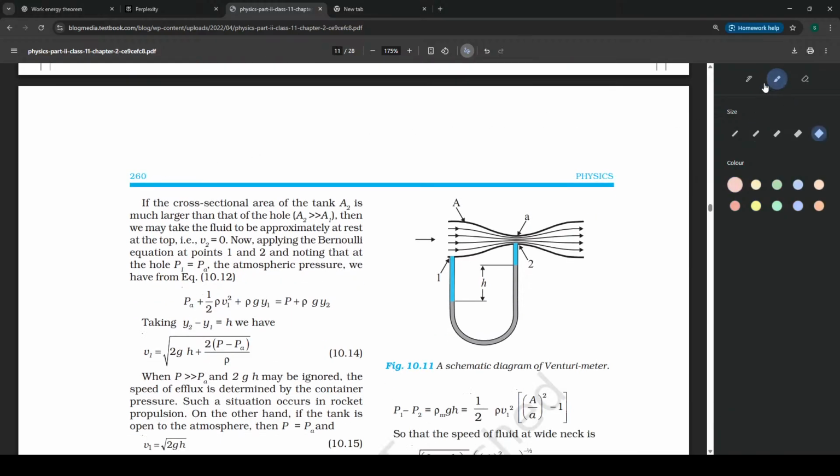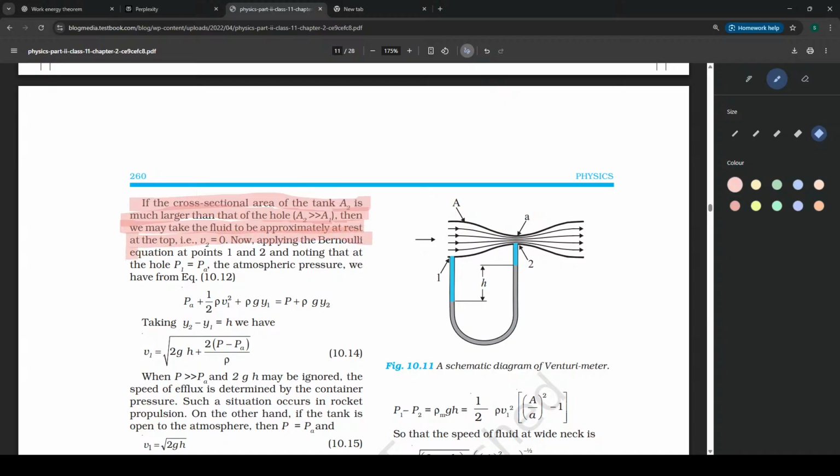If we assume the cross-sectional area of the tank, A2, is much larger than that of the area of the hole, A2 much greater than A1, then we may take the fluid to be approximately at rest at the top, that is V2 equals 0.